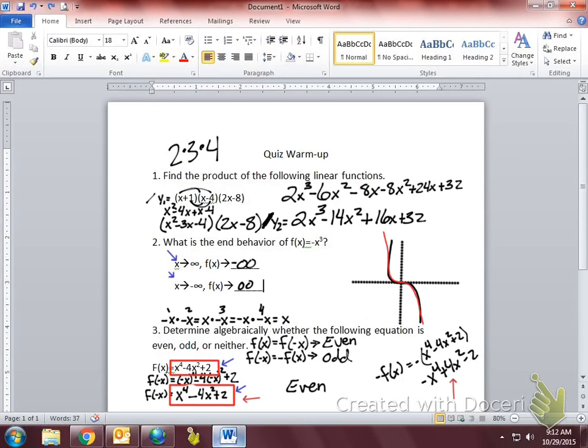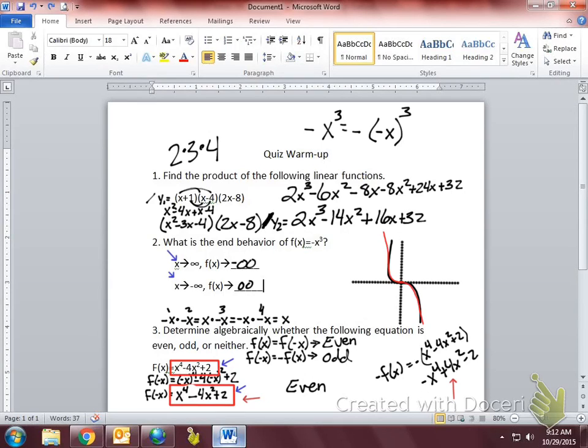Okay. Yes? What if the x starts out as a negative? Do you change it to a positive? You have to follow those rules. It shouldn't. But if it was, if you had a negative x cubed, okay, then you would have a negative, you would plug in negative x for x.